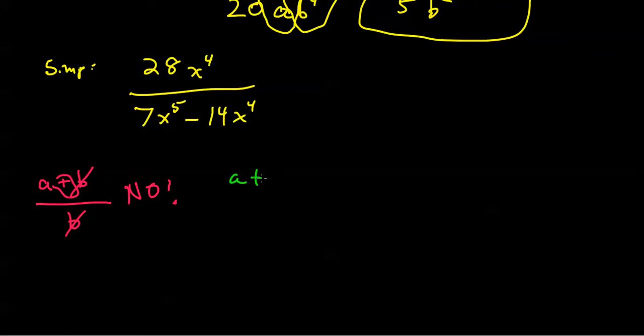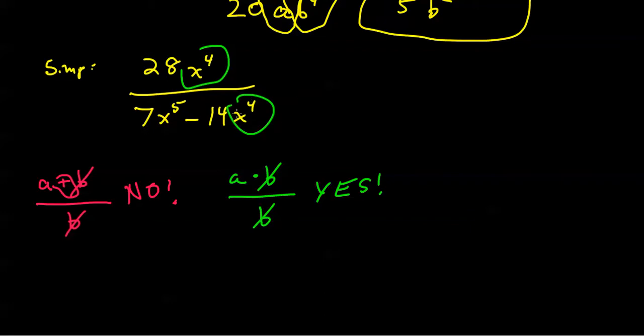But if I've got a times b over a, if I've got common factors over a fraction bar, yes, I can cancel those out. Some students might tend to cancel out these x to the fourth powers here, but beware, you cannot cancel those out. You've got to have common factors, meaning elements of a product, over a fraction bar. So let me say this, no. I'm going to put that in pink.